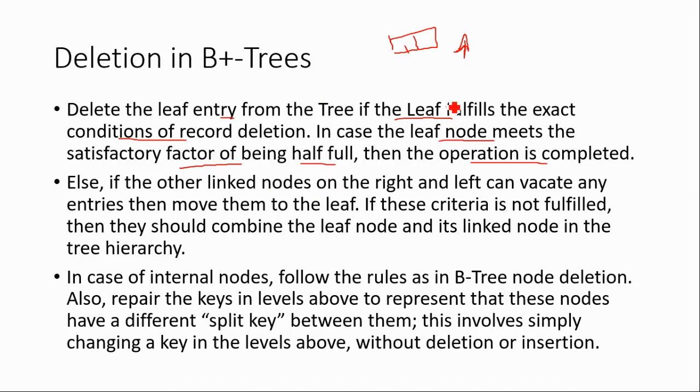Otherwise, we come to the concept of borrowing from the left or right sibling. If the nodes on the right or left can spare any entries, then move them over. Similar to B trees, we first take the left sibling. If it has more than the minimum number of keys, then we can borrow from it.